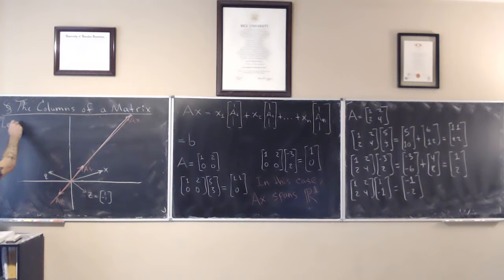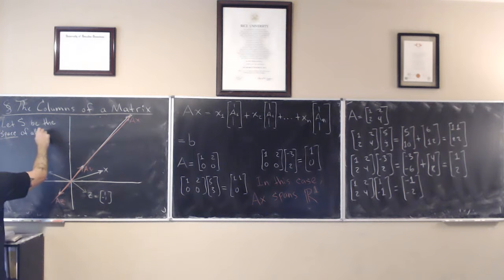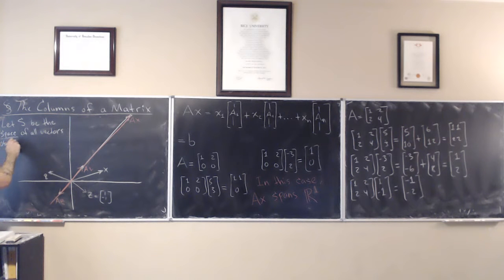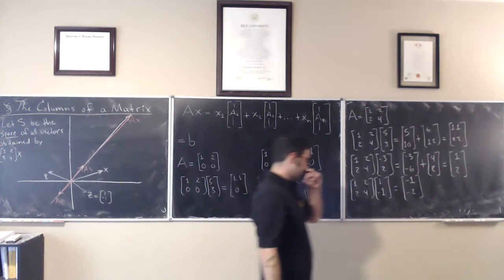So anyway, let S be the space of all vectors obtained by 1, 2, 2, 4 times x. You don't know exactly what space means yet, but we'll get there. They'll all be on that line.